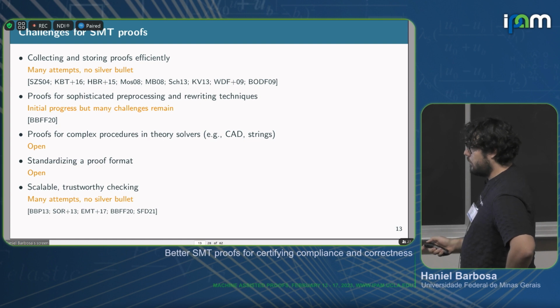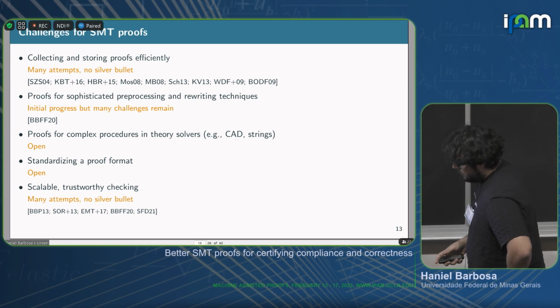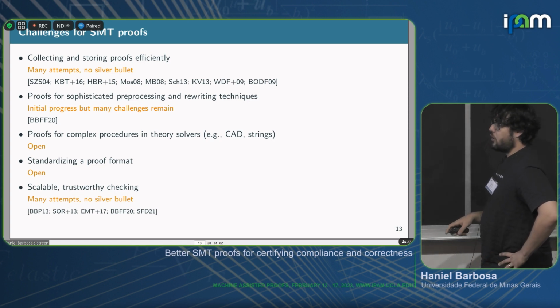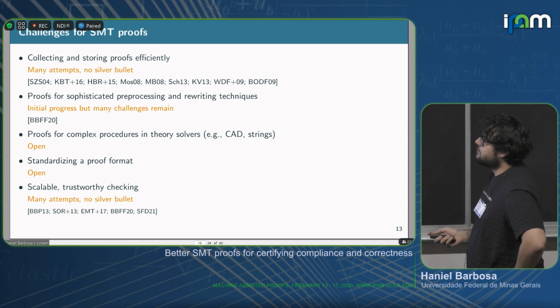There are things that are incredibly hard to model proofs for. We have no standard proof format because it's very difficult for many reasons. And having scalable trust for checking can also be challenging, for reasons that I will not get into much here.